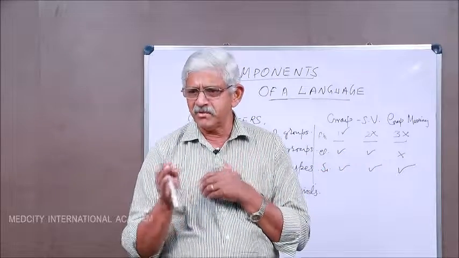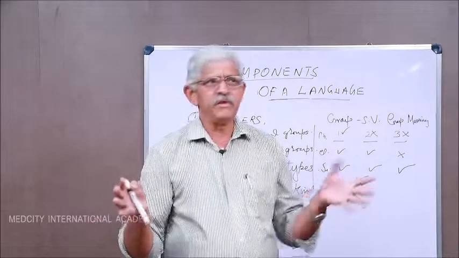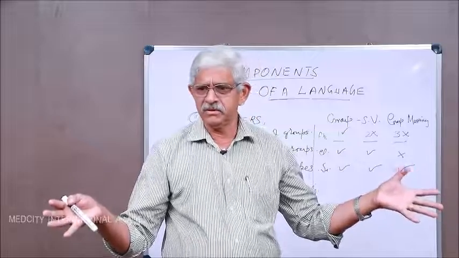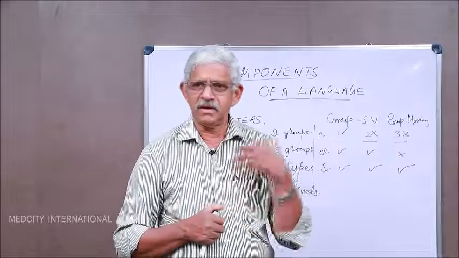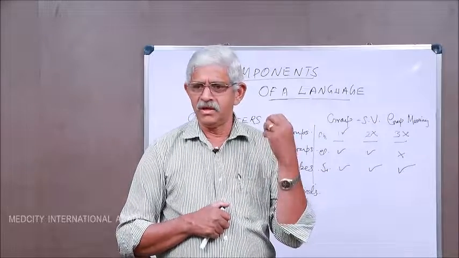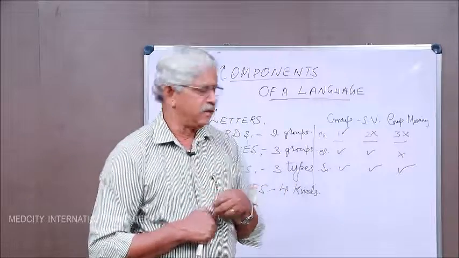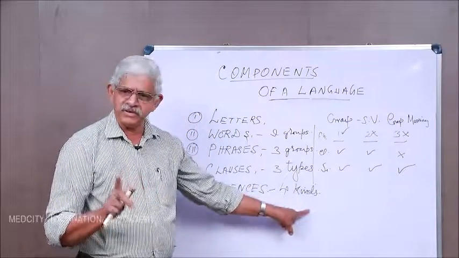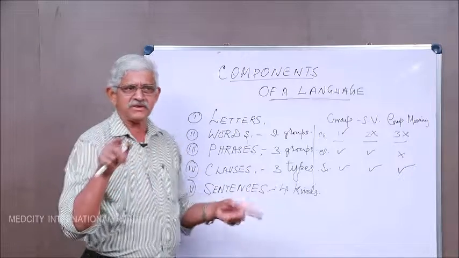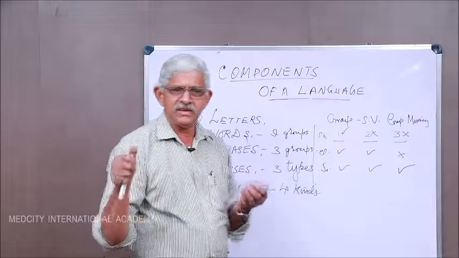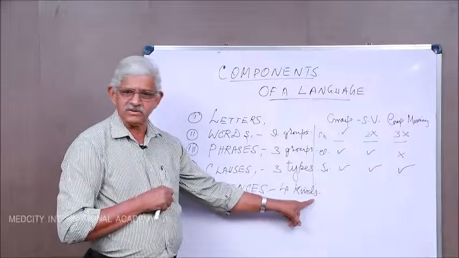When we make a command or request or order, greeting, wish, like that, it is an imperative sentence. When we make an exclamation, that is an expression of sudden feelings, a feeling of surprise or sorrow or overjoy, it is an exclamatory sentence. So, there are 4 kinds of sentences: statements, questions, commands, requests, orders, wishes, etc., and finally exclamations.